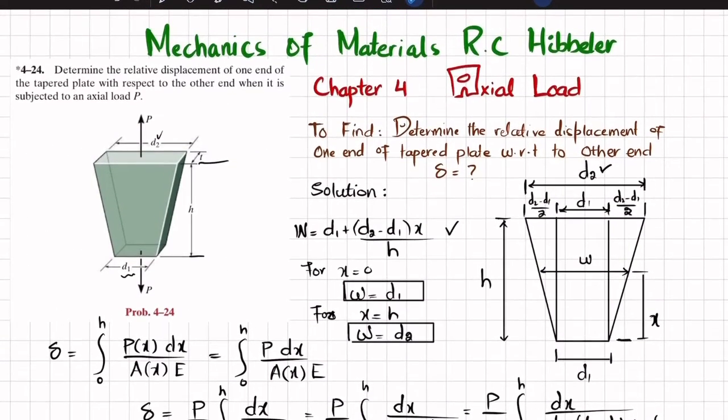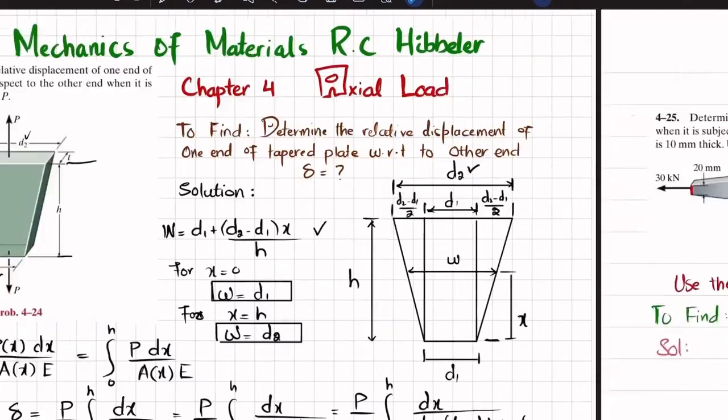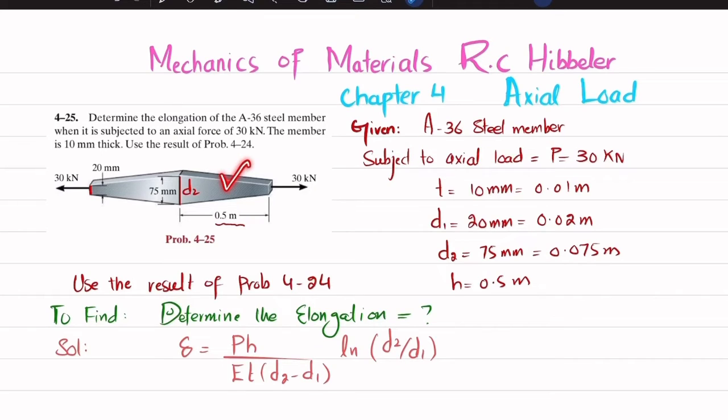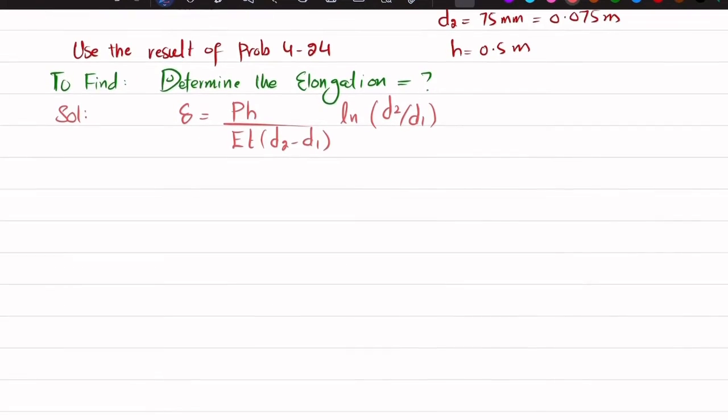So if I add the other half like this, so this problem will be exactly the same like this one. You can see this is half and this is half, so total will be this one. So for that, our total elongation in this case will be equal to 2 times of delta.